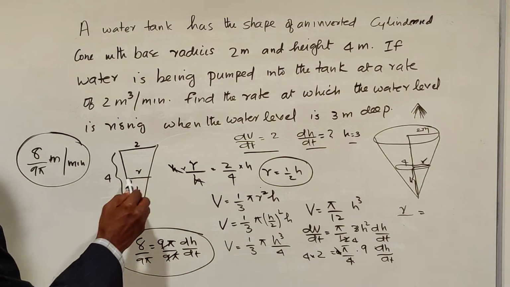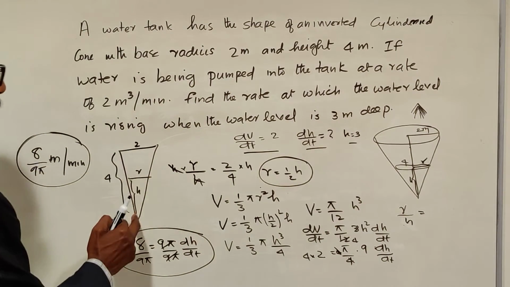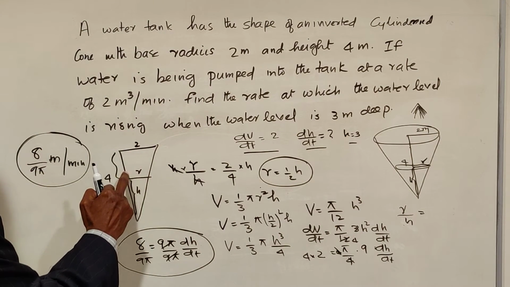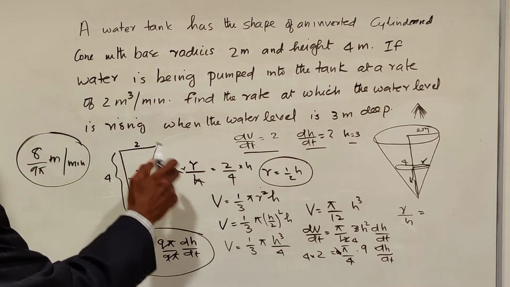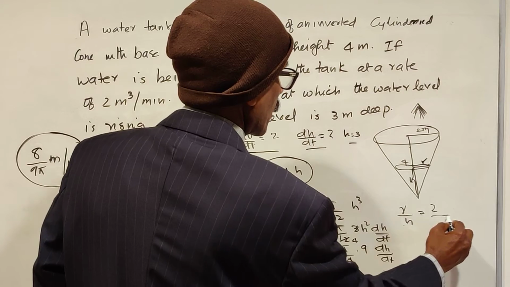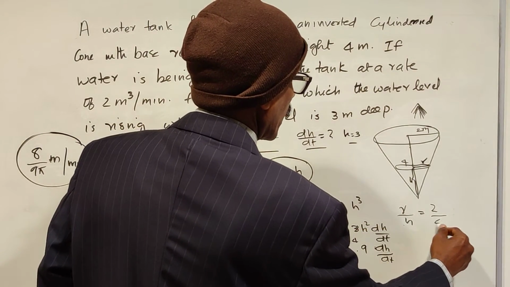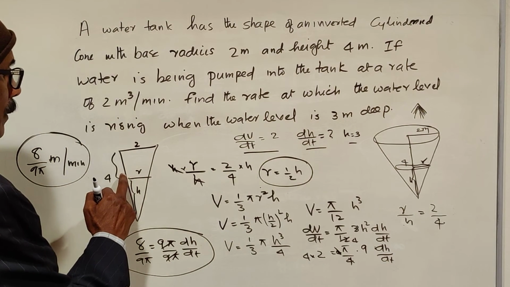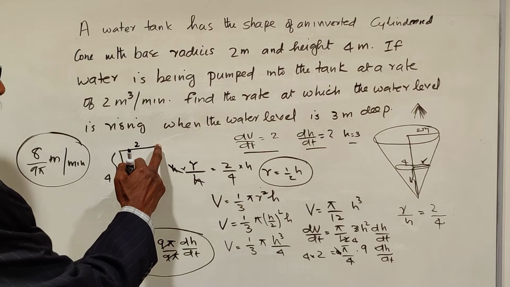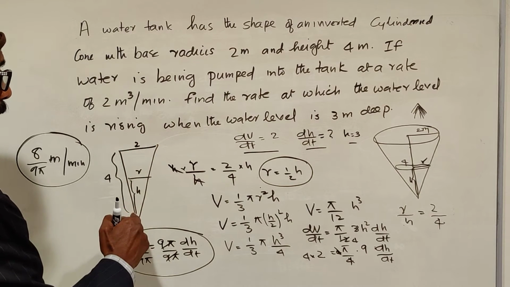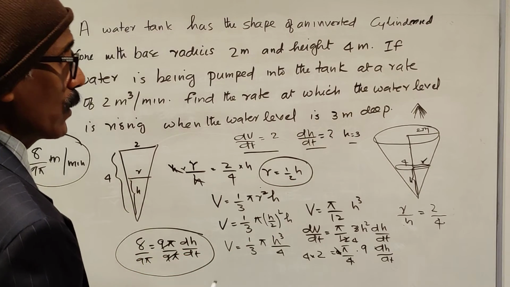So, small r divided by height of the smaller one, base of the smaller one divided by height of the smaller one. Then, base of the bigger one, that is 2, divided by height of the bigger one, 4. So you can do either way. If you do base of the smaller one divided by base of the bigger one equals height of the smaller one divided by height of the bigger one, both are the same. You can do any way.